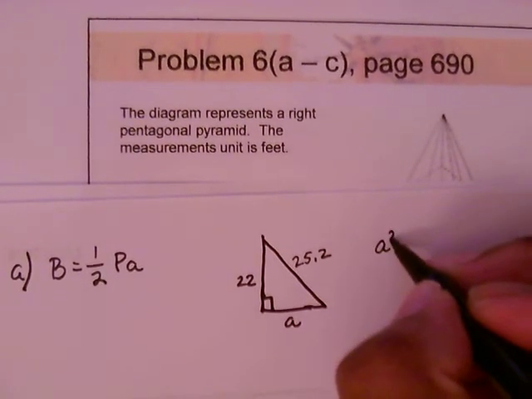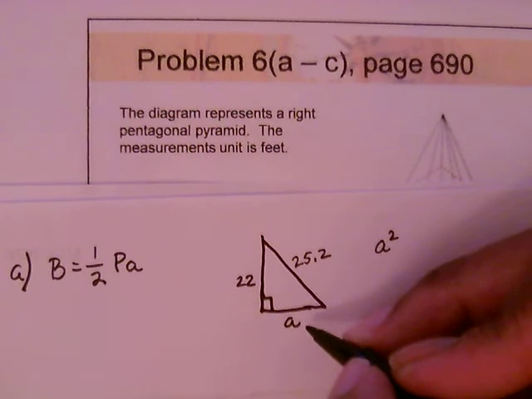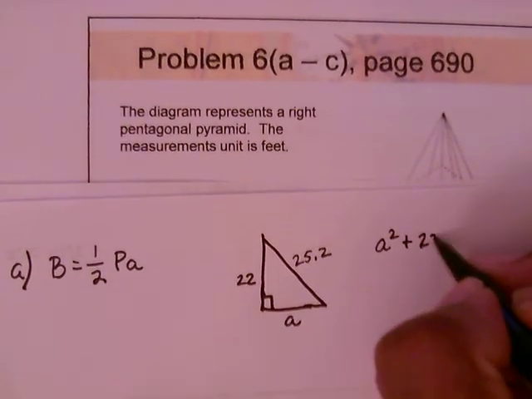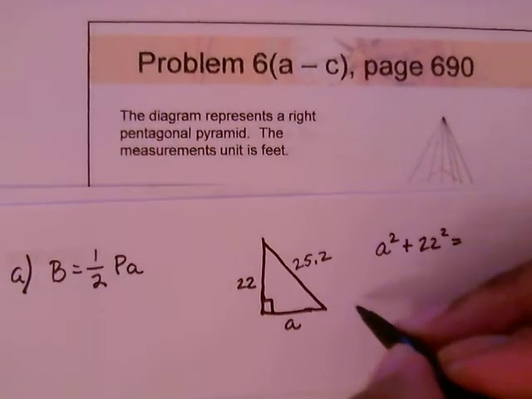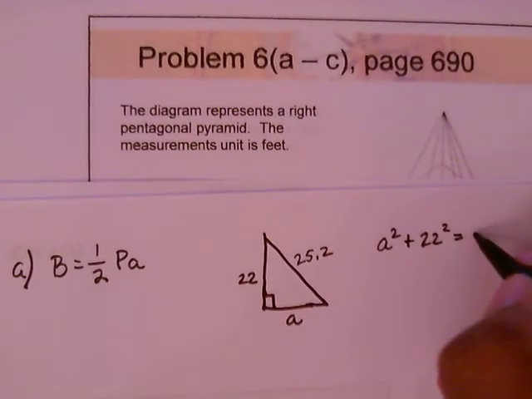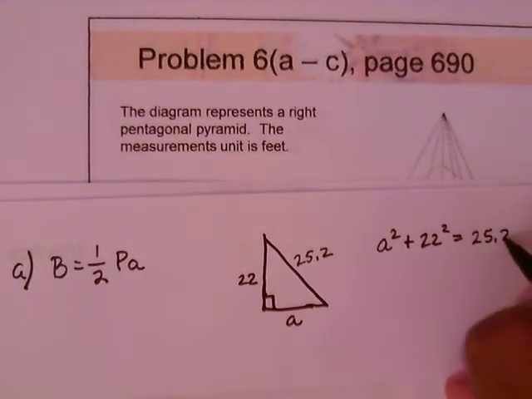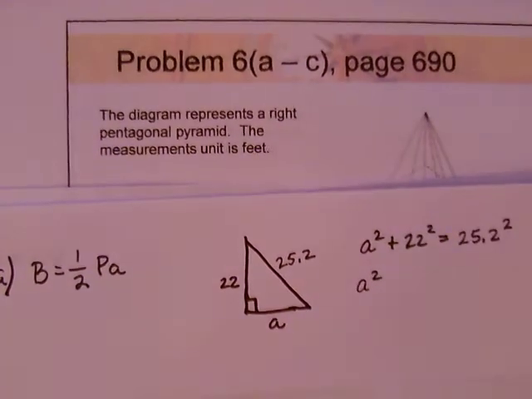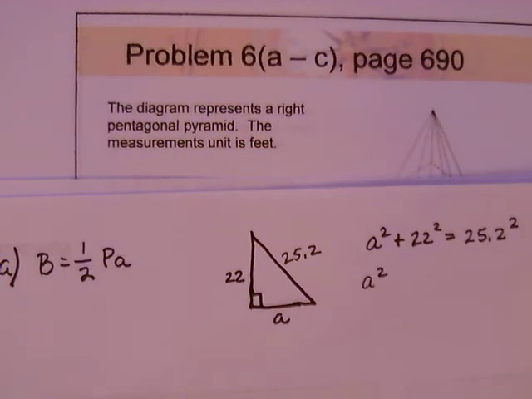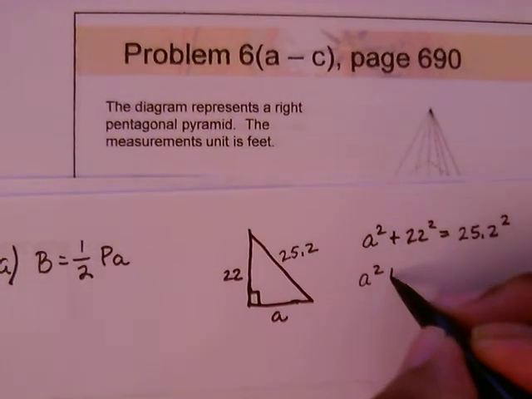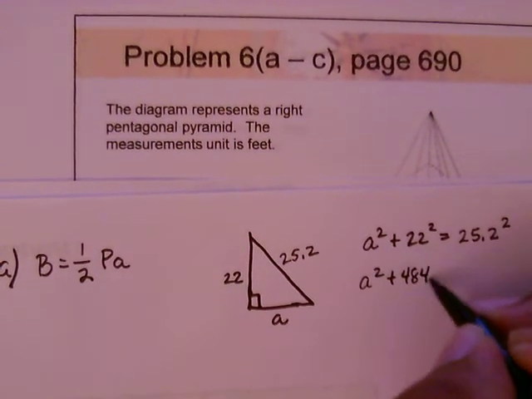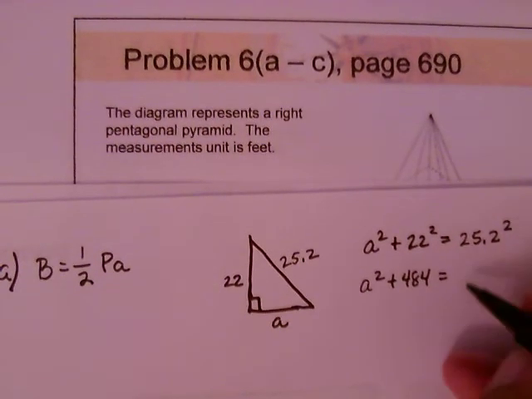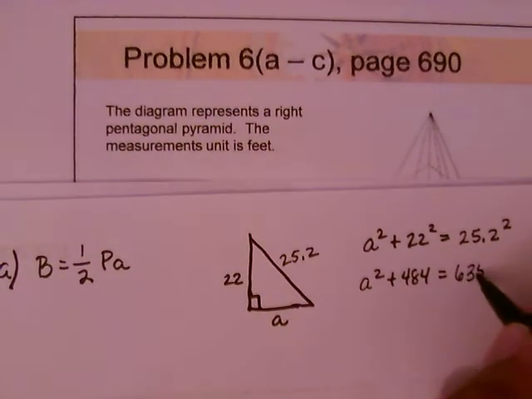So this will be a squared plus the length of that side, 22 squared, equaling the hypotenuse, the longest side, 25.2, squared. So here a squared will be equal to, the square of 22 will be 484, equals 25.2 squared, 635.04.